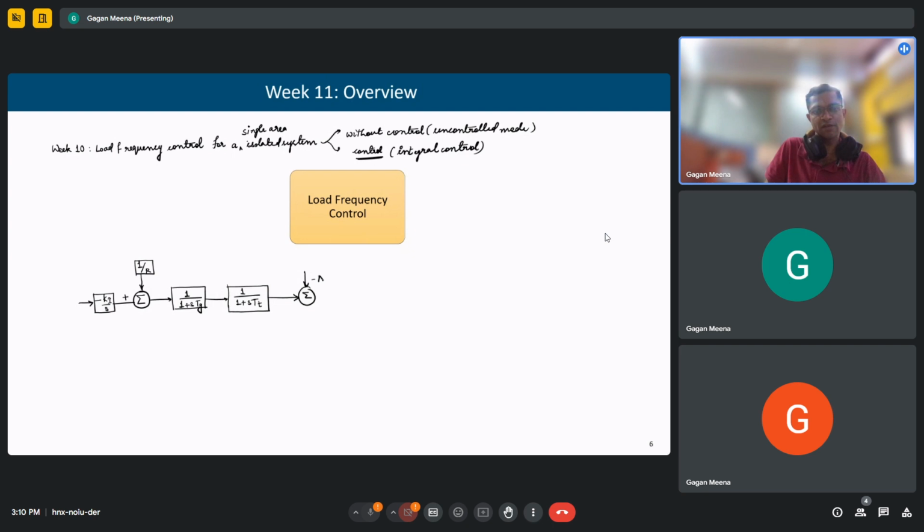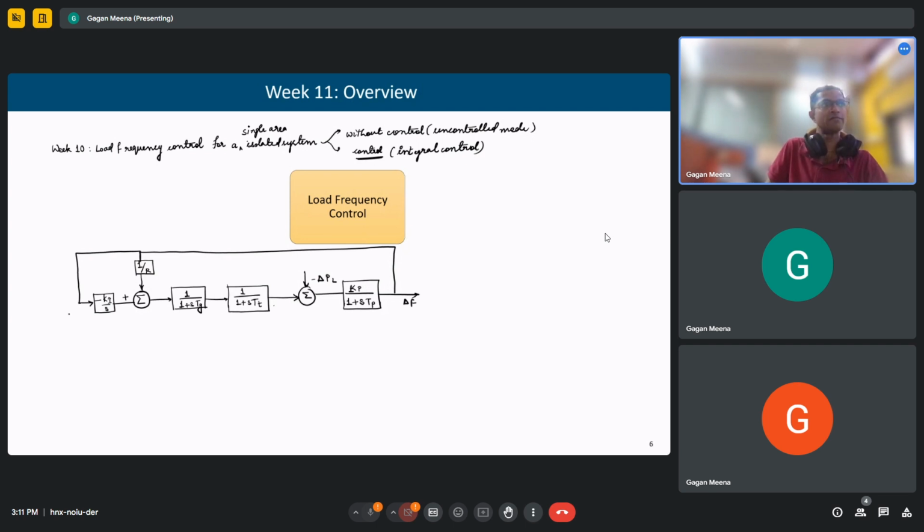Here we have minus delta PL, the change in load, and this is delta PG. Here we have the transfer function for the generation and load model, we call it Kp upon 1 plus s Tp, and this is delta F. This delta F goes to 1 by R, and the same goes to the integral control.